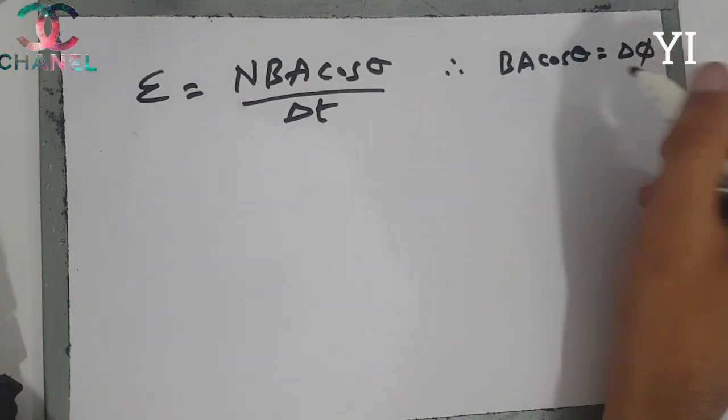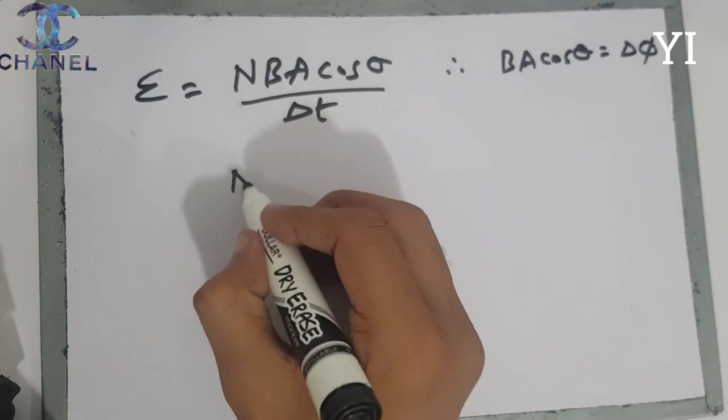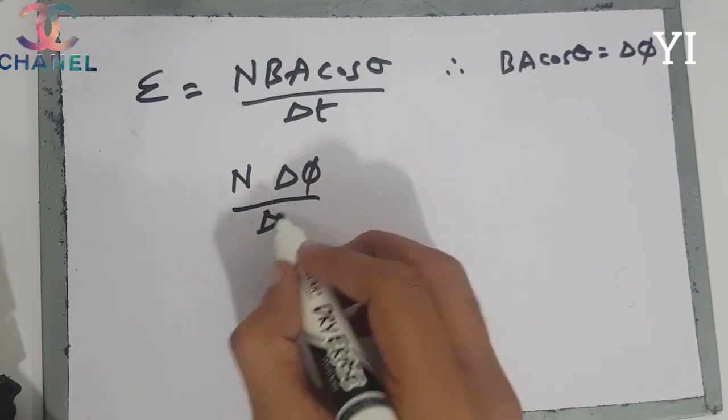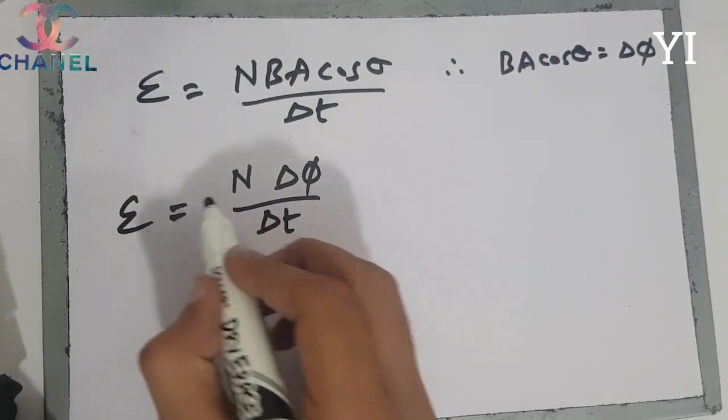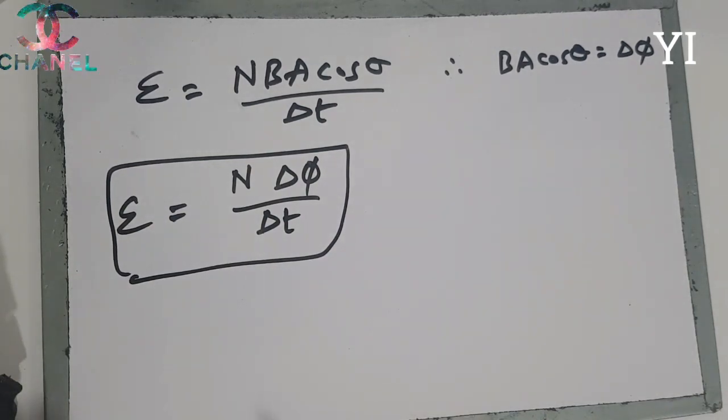Okay, so we replace the value of BA cos theta with the del phi. So n del phi upon del t. So that is the mathematical equation of the induced EMF, and we'll write this is Faraday's law of EMF.